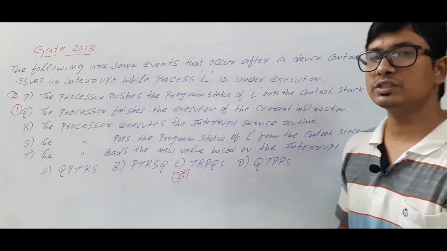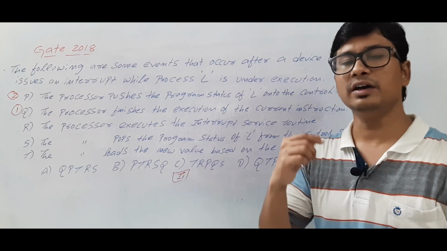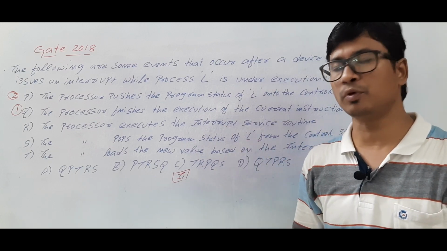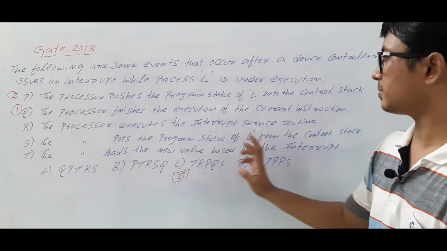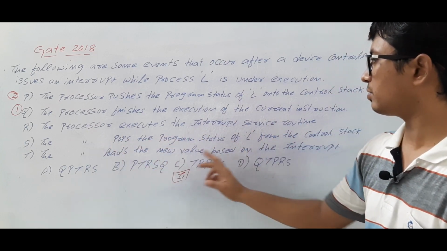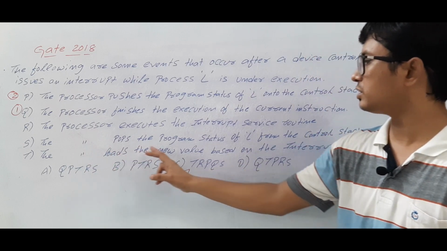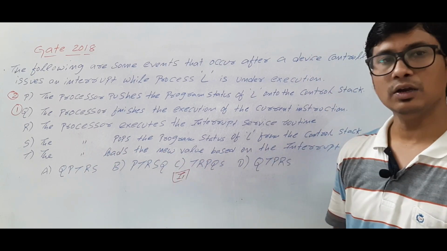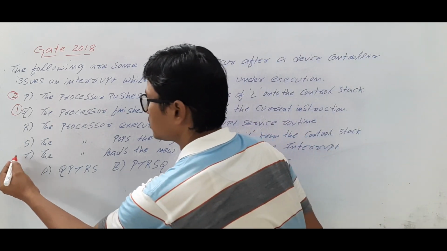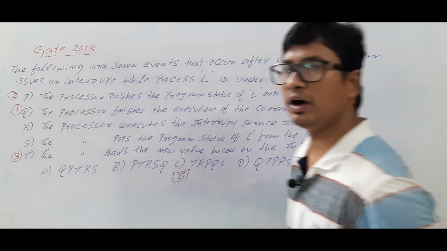Now what is the third step? It should take the effective address and store it into the program counter. The processor loads the new value based on the interrupt, meaning the new address. So this is the third step. Now what is the fourth step?